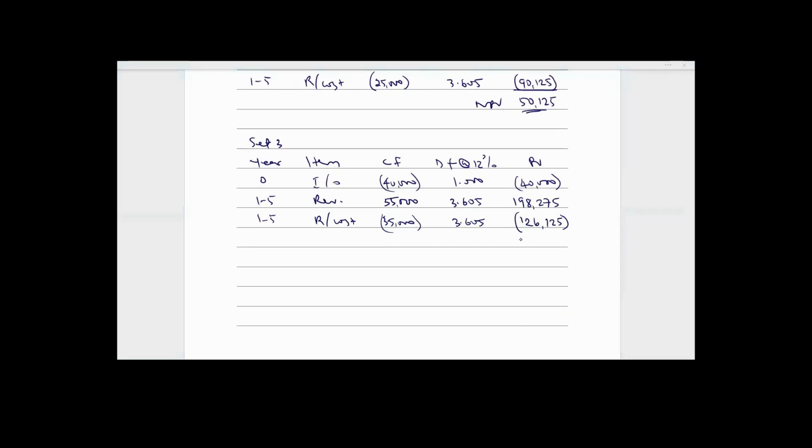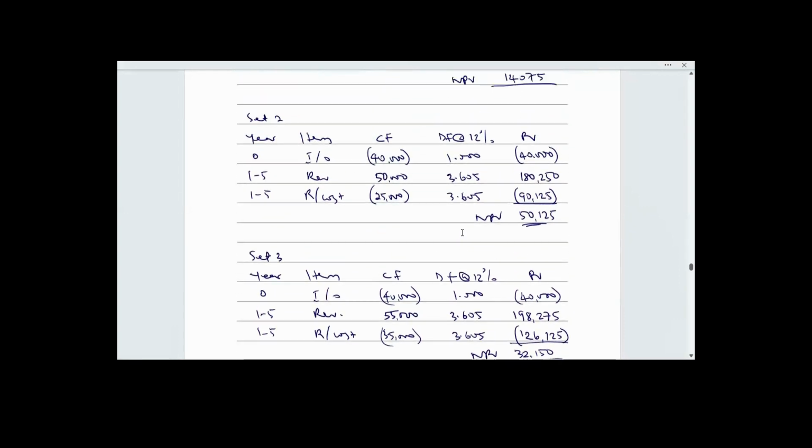Minus 40,000, minus 126,125, gives 32,150. Here is 32,150 NPV. You can see that we have calculated 3 different sets of NPV.